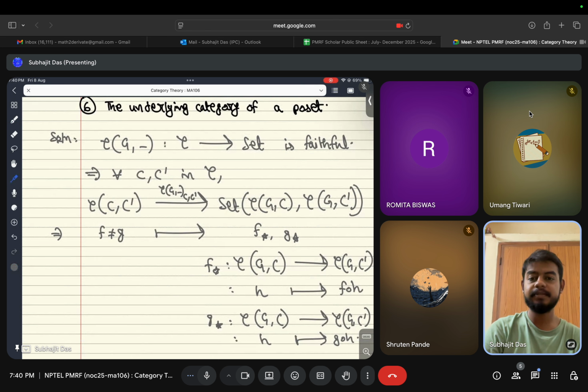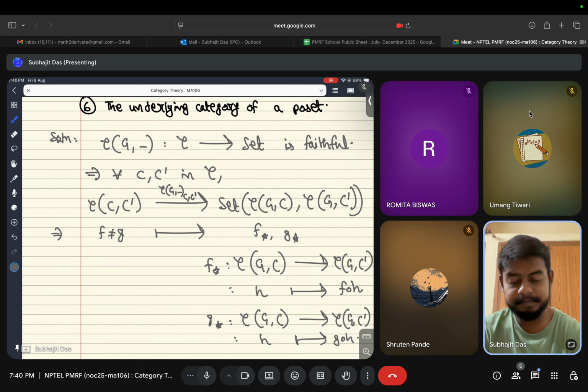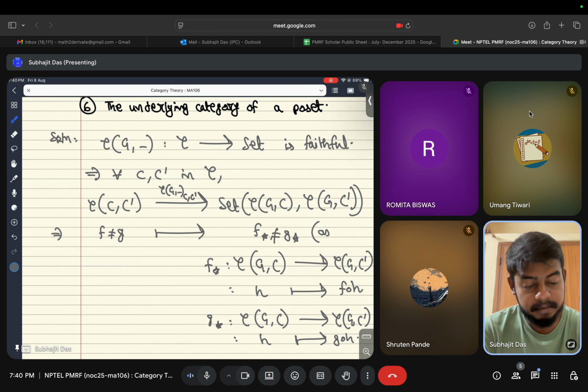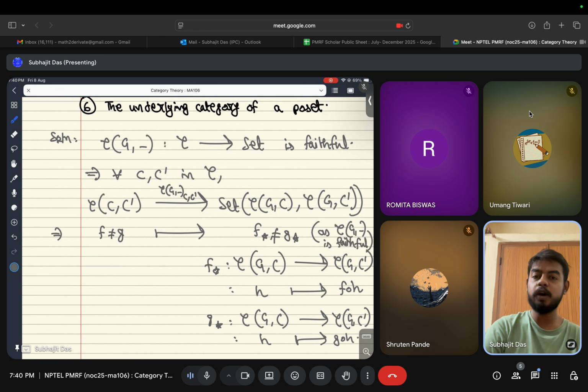Now this map is injective, which means that if F is not equal to G, then F star should also be not equal to G star, right? Note that F and G are arbitrary maps. So as C(G, -) is faithful, as this functor is faithful, that is locally injective, that is in other words corresponding to the ordered pair C, C prime, the associated map is injective.